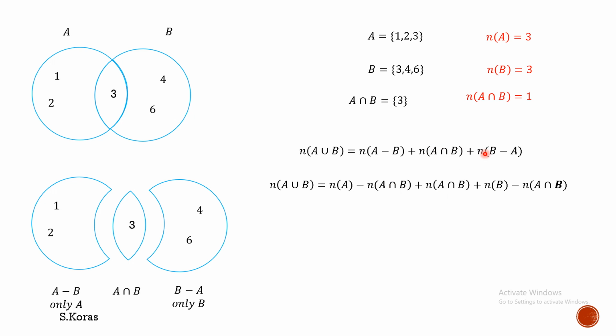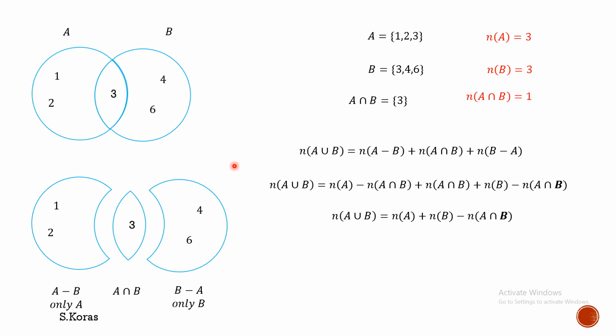For n of B difference A, we have the formula, that is the first set, n of B, minus what is common to both, that is B intersection A or A intersection B, that is minus n of A intersection B. Now these two will get cancelled. Now our formula will be n of A union B is equal to n of A plus n of B minus n of A intersection B. So this is the formula for two sets which are joint.